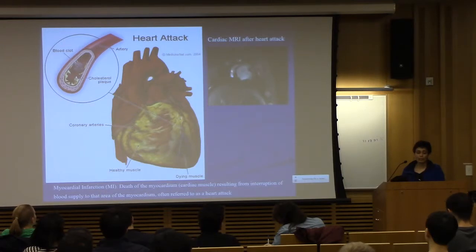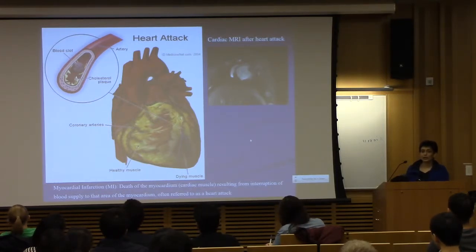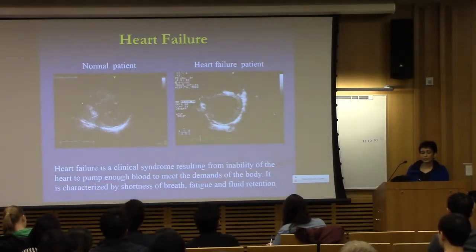So you end up with a scar, as in this case. In addition to just having a scar, you have a lot of electrophysiologic remodeling that sets up the substrate for arrhythmias. You also have remodeling of the ventricle, resulting in heart failure. And so very often patients who have large heart attacks and don't get to the cath lab on time end up with congestive heart failure.